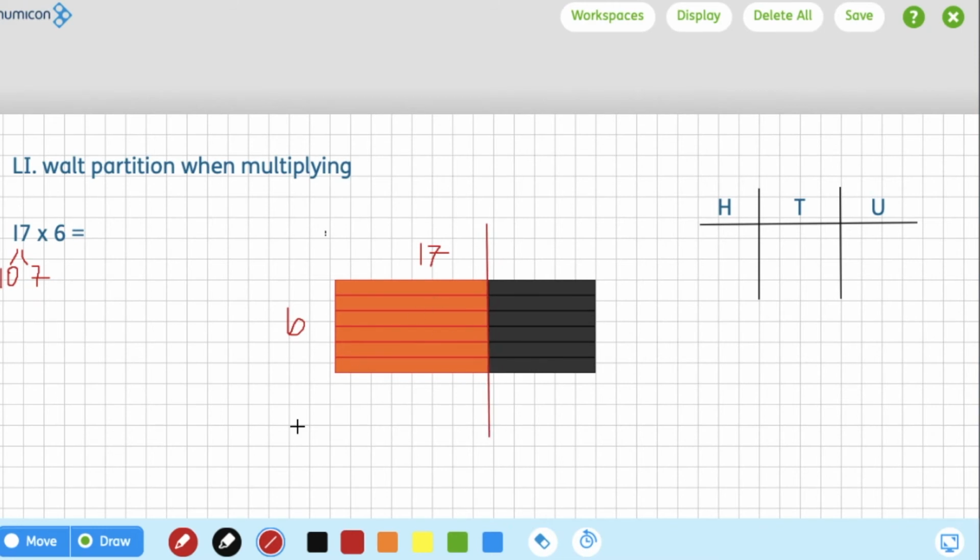So here it's quite visual. I have 10 lots of 6 on this side, so I've got 10 times 6. And then I have 7 lots of 6 on this side. And all I have to do is solve them independently and then add them together.